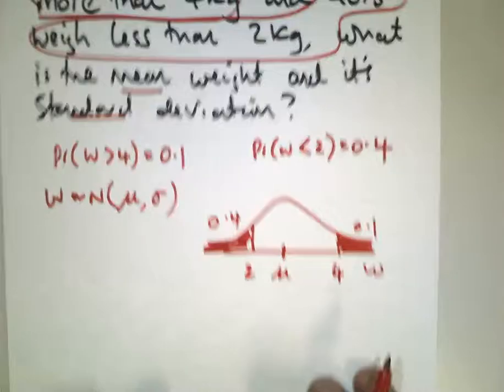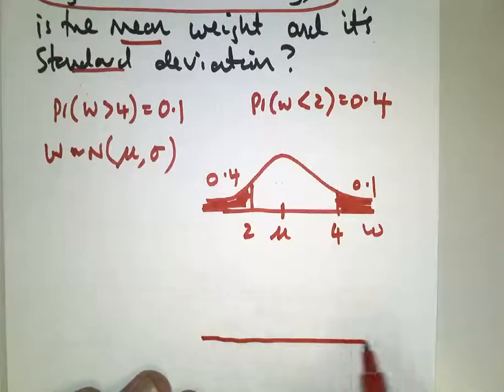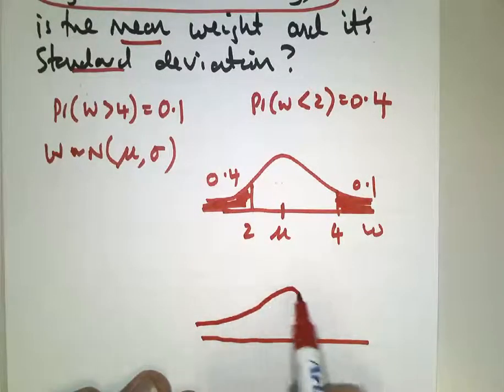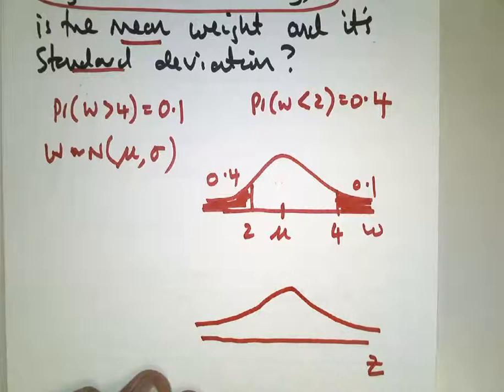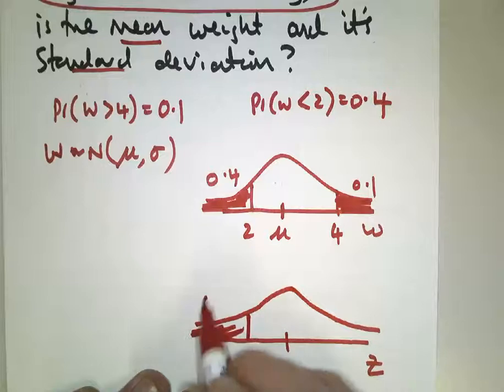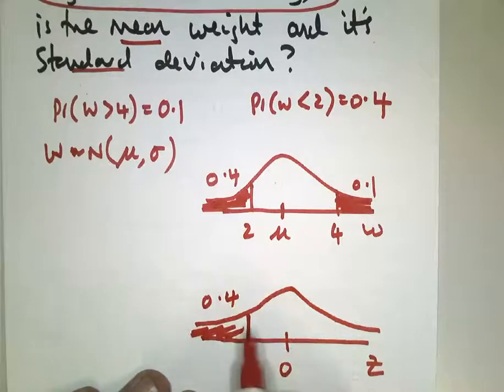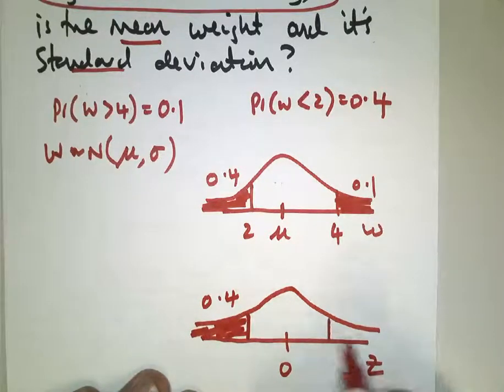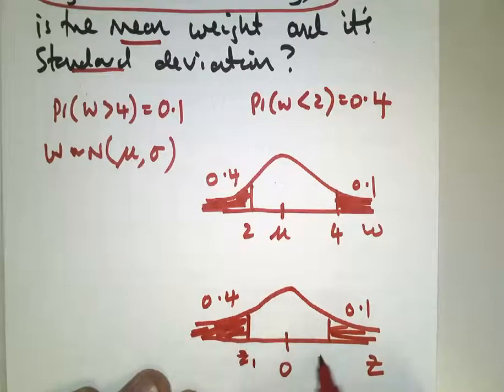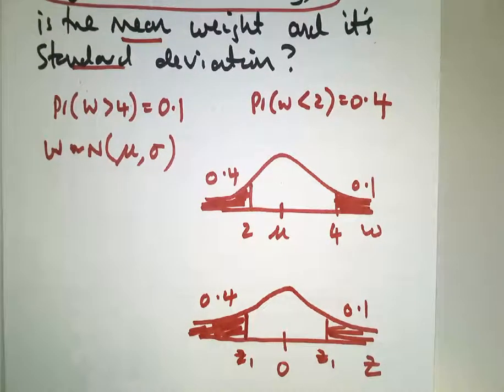So what I'd like to do is use Z and find the appropriate values of Z that correspond to 0.4 on a left tail and 0.1 on a right tail, and find these two values, Z1 and Z2. So what does the calculator give me?